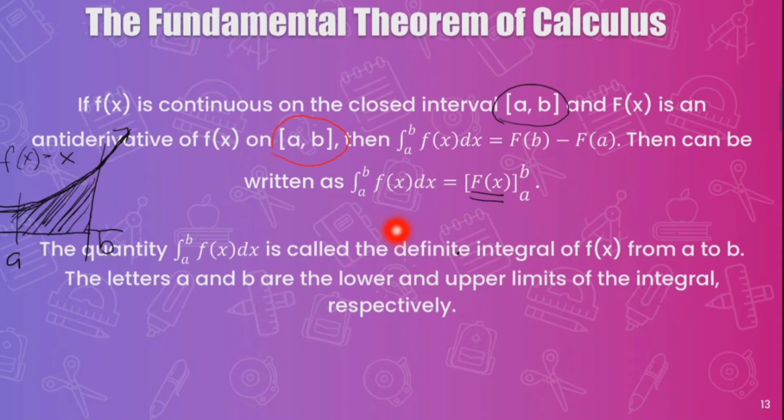Or simply we're solving for the area under the curve. Again, the quantity of the integral from b to a of f of x dx is called the definite integral. Definite integral from a to B. So the letters A and B are the lower and upper limits of the integral, respectively.